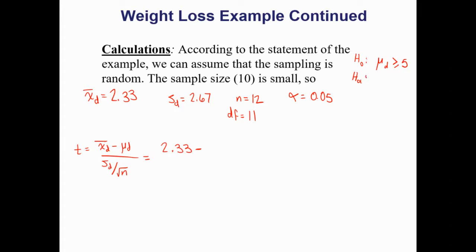The alternative was that mu d was less than 5. So we're not going to use 0 here like we have been. We're going to have to use 5. SD we said was 2.67, and then we divide that by the square root of 12. So if we calculate this, what would we get? Negative 3.46.